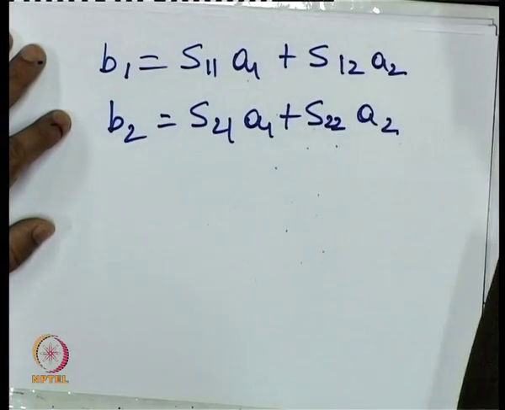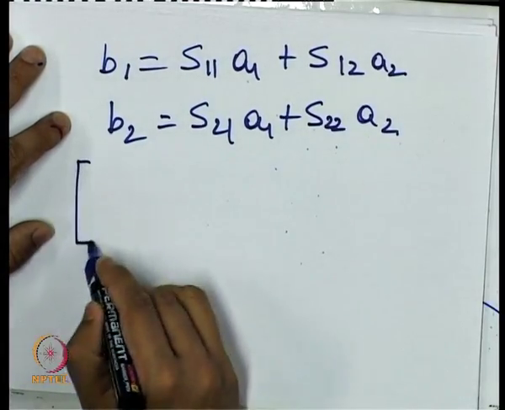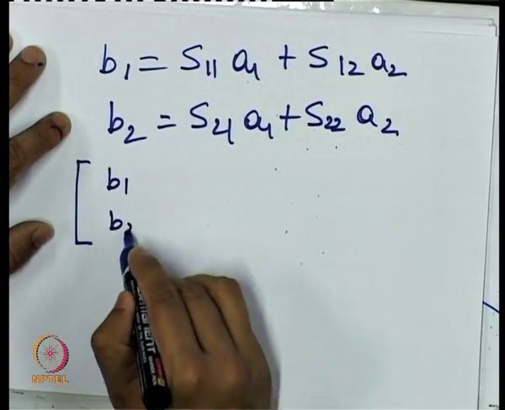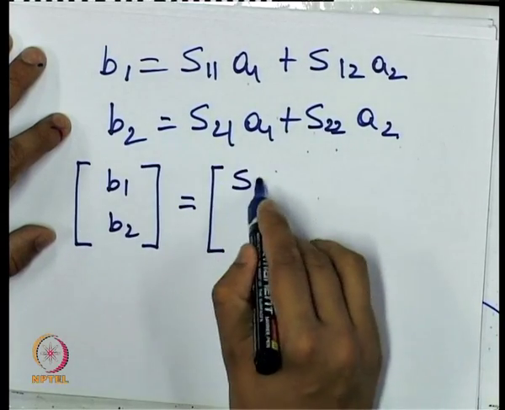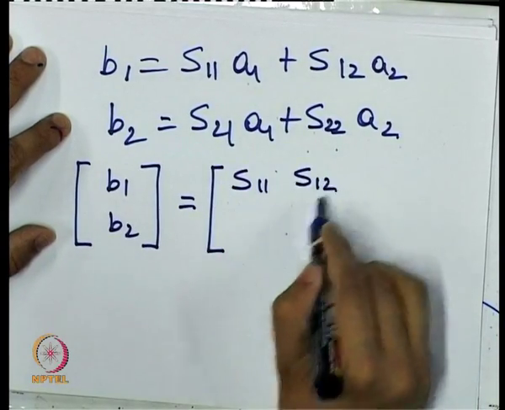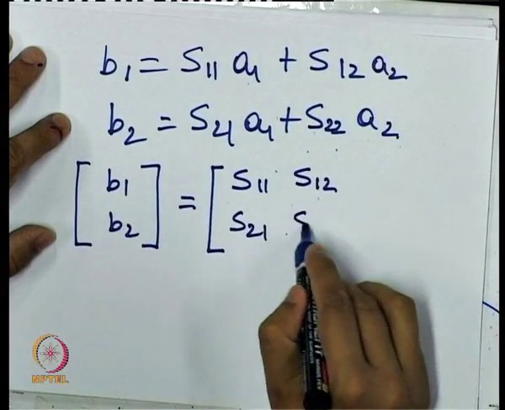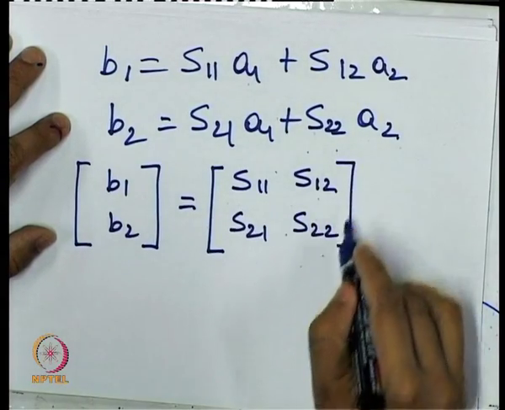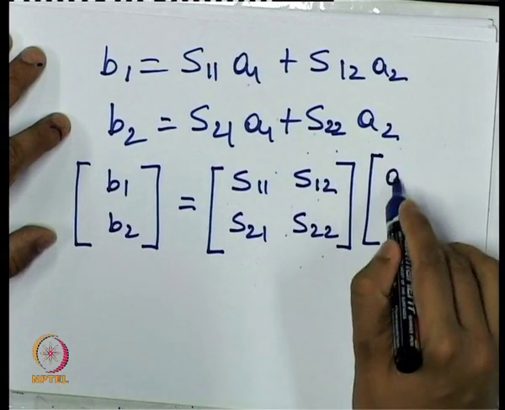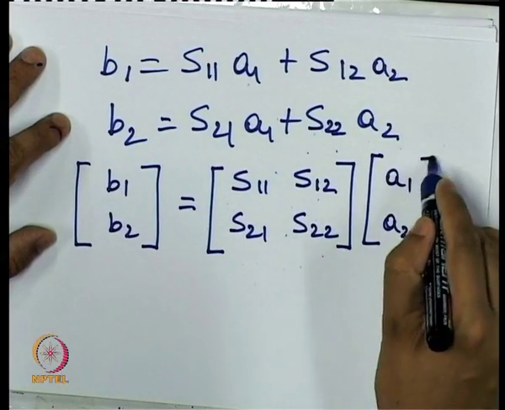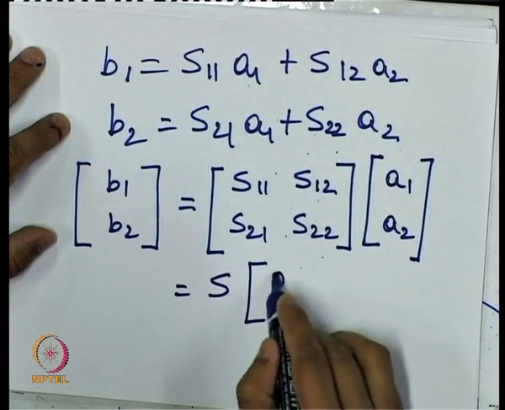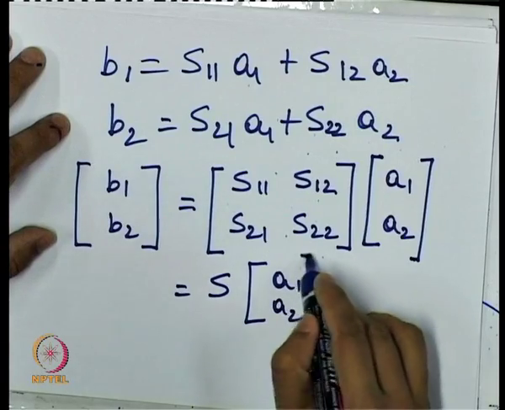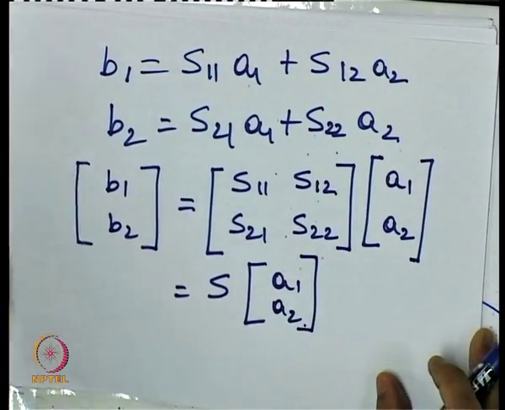If I write B1 and B2 in the form of a matrix, we have a total of 4 S parameters for a two-port network.